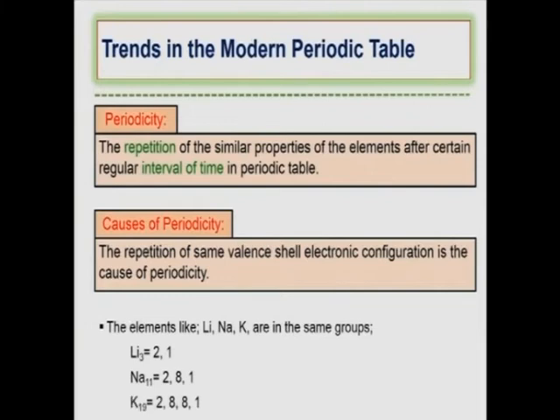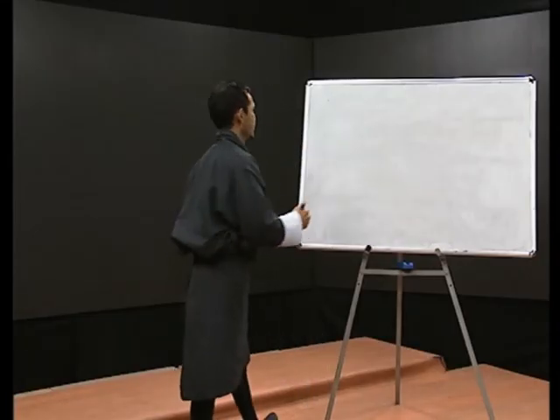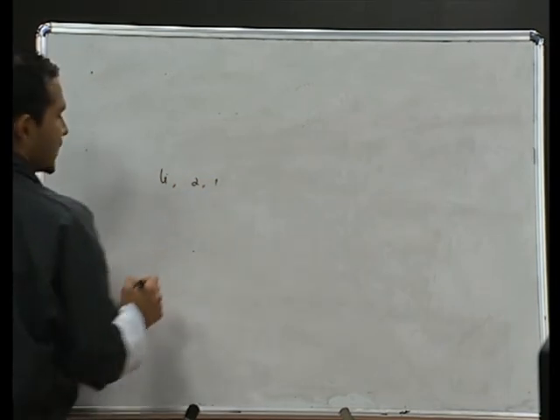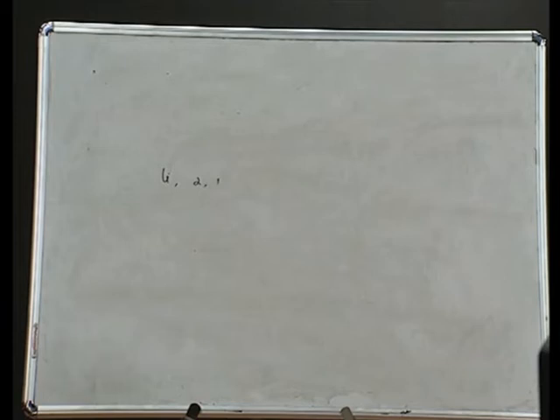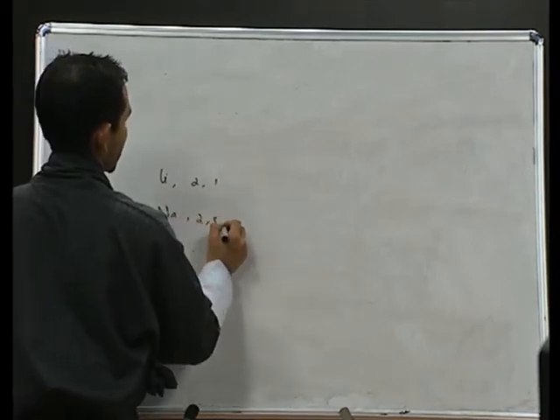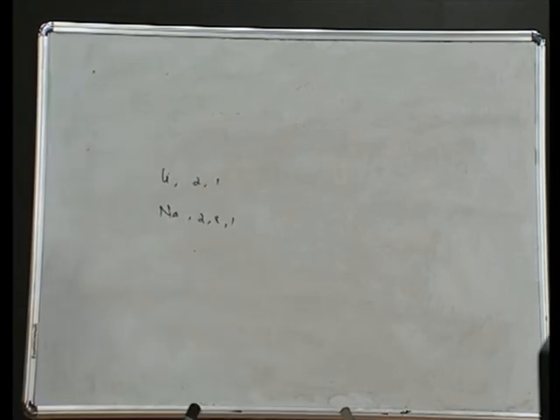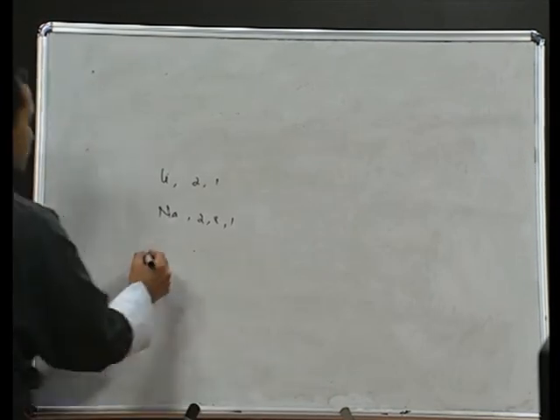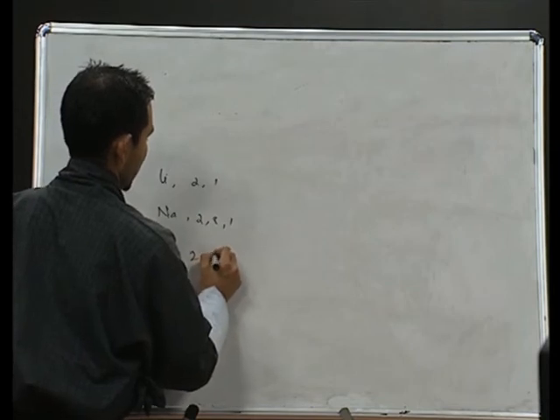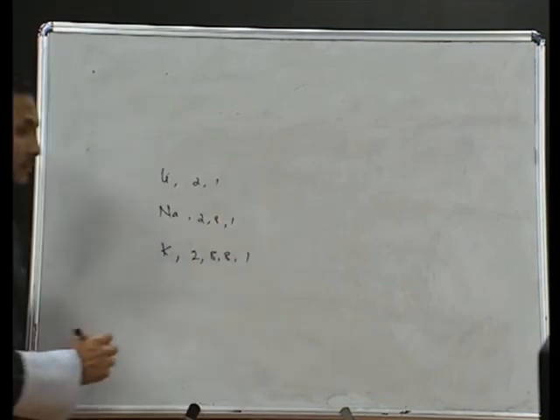For example, take lithium. Lithium has an electronic configuration of 2 and 1. Likewise, sodium has electronic configuration 2, 8 and then 1. And potassium has an electronic configuration of 2, 8, 8 and then 1.